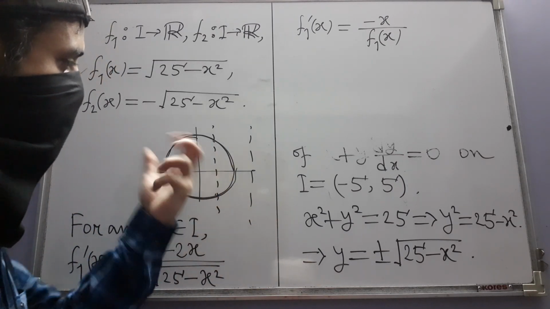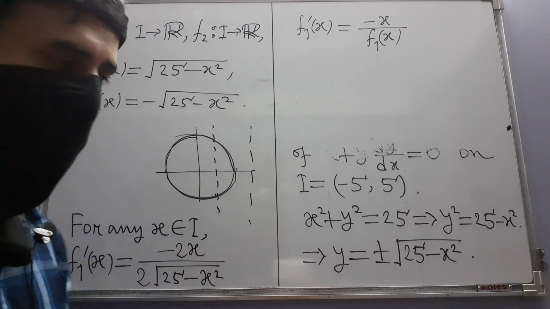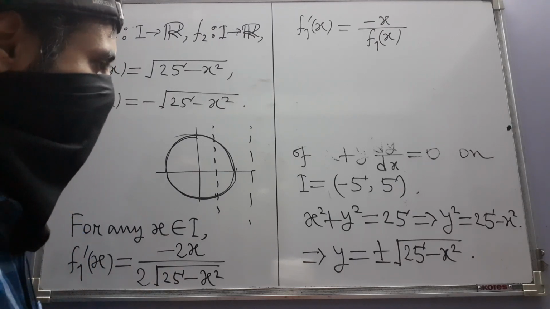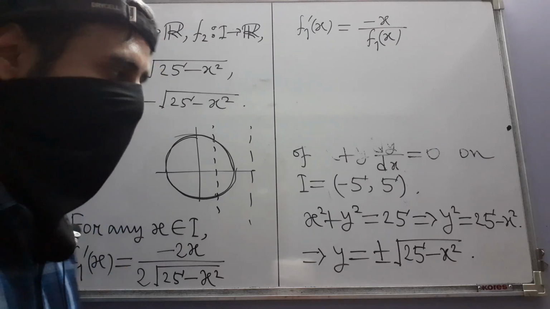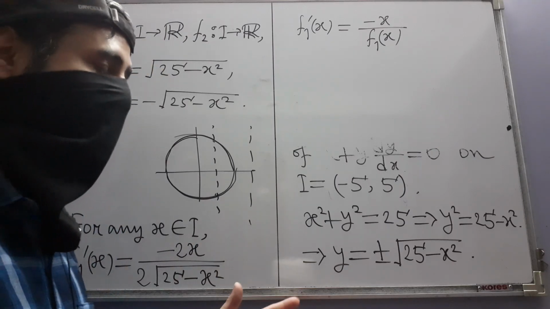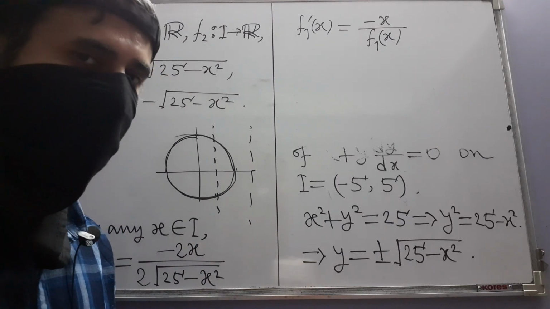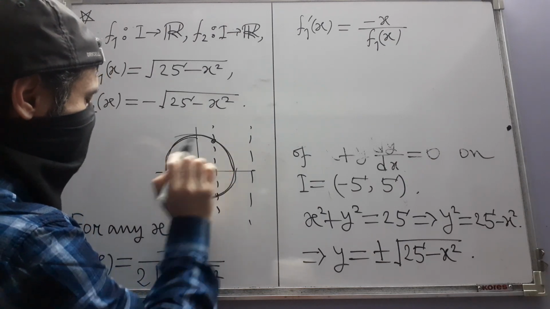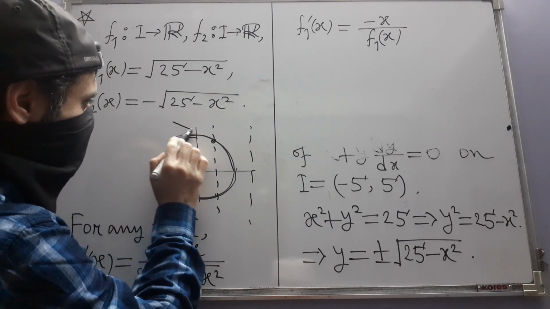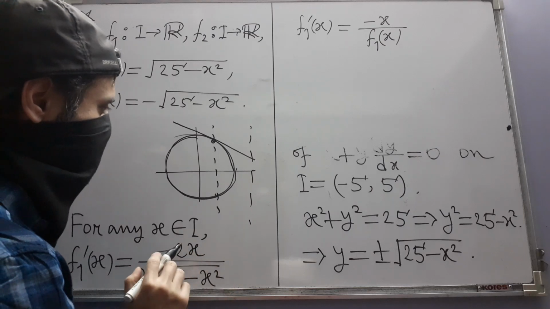Why is that so geometrically? Geometrically, what is the derivative? The slope of the tangent to the curve at the point where you are differentiating. So if you calculate the derivative, say here, then this is your tangent, and it has a slope.